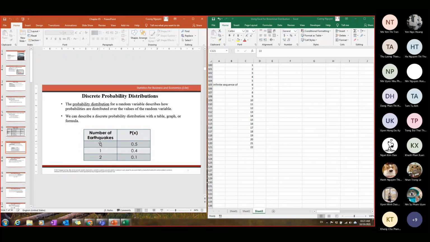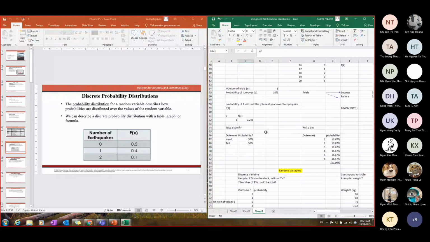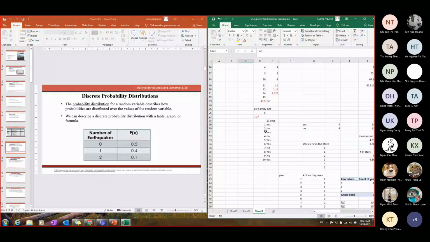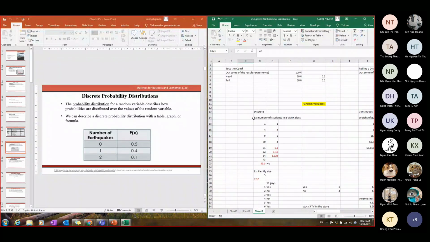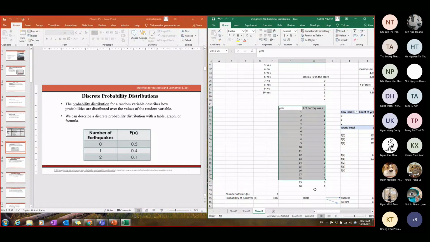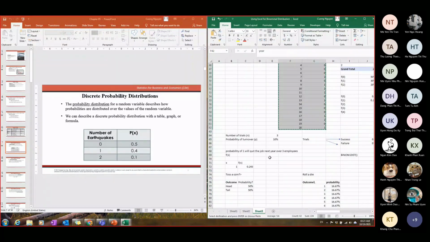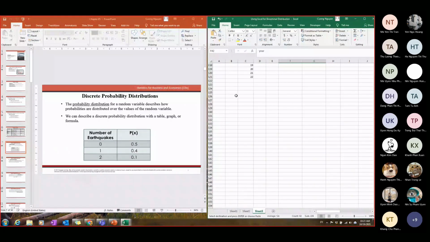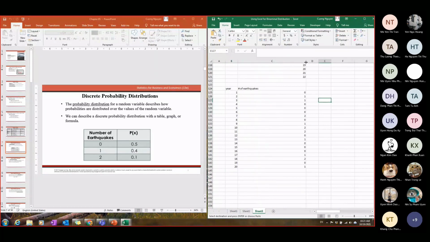So in here, I give you a number of earthquakes from like a paper, and they provide for the number of earthquakes that can happen in the area for like in 1 month. Okay, for like in 1 year. Okay, for example, I had the data. Okay, so I had the data from like 20 years, and I already collect all the data about how many of the earthquake had been appear in each year.